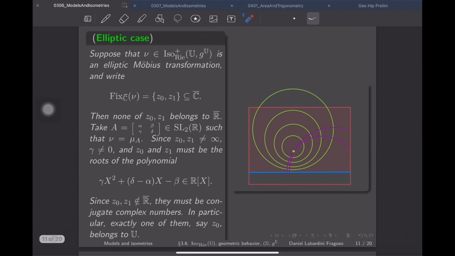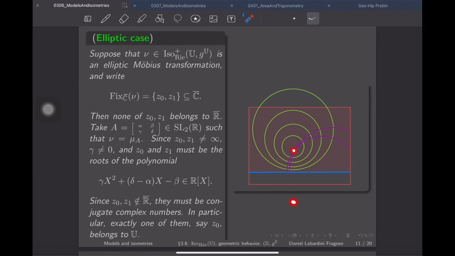And finally, in the elliptic case, one shows that the two fixed points of the elliptic Mobius transformation, one of them has to lie inside U, the other one outside U, and they have to be conjugate complex numbers.